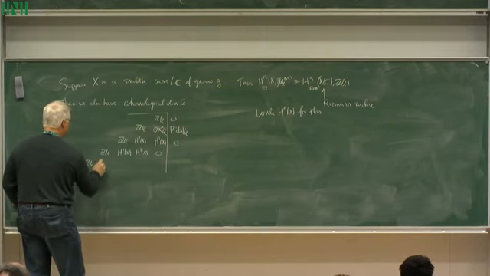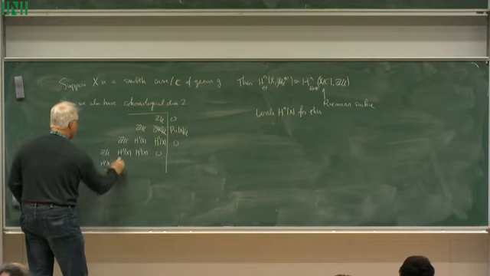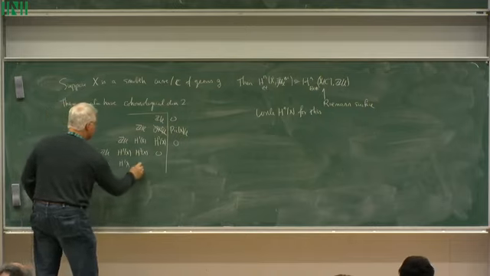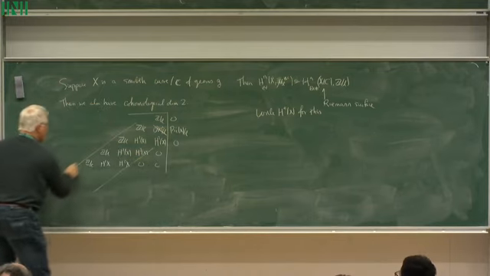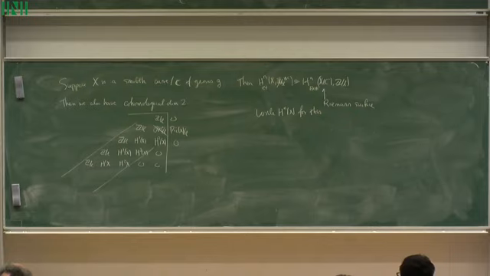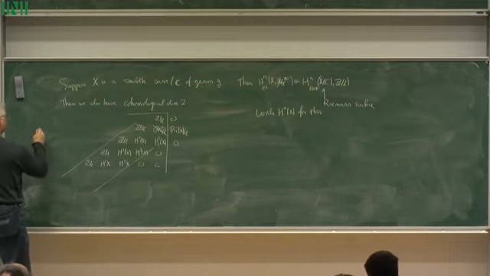Here's Z mod L. Here's H^1 of X. Here's H^2 of X. Here's 0, here's 0, etc. So what you have, again, is a sliding periodic thing, and there's no differentials.